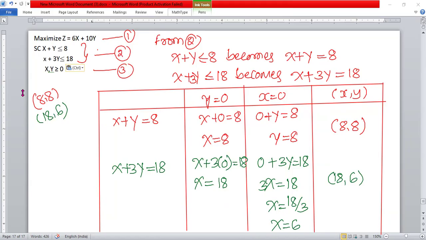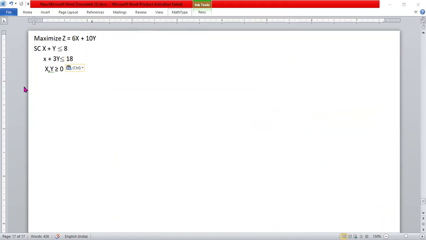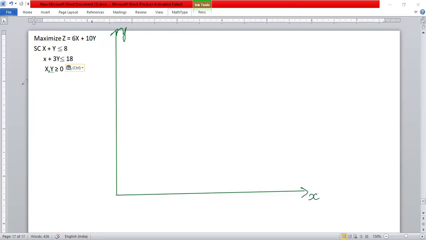So after this, now we are going to draw the graph. So we require the x-axis and y-axis. Let me start. We have 8 comma 8 and 18 comma 6, so the x-axis highest is 18.